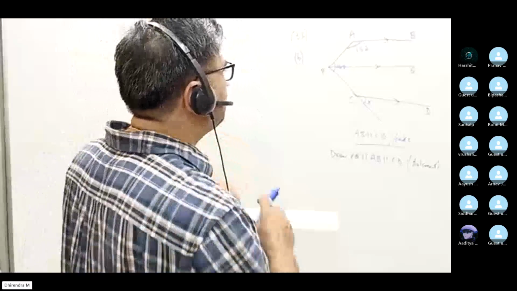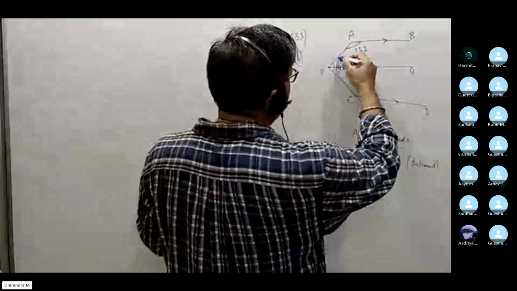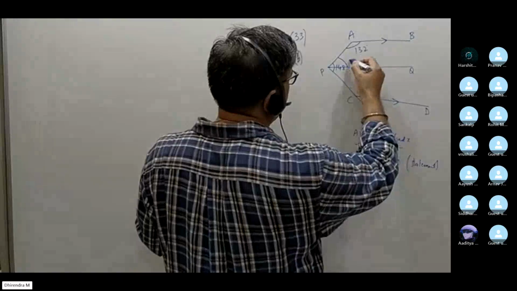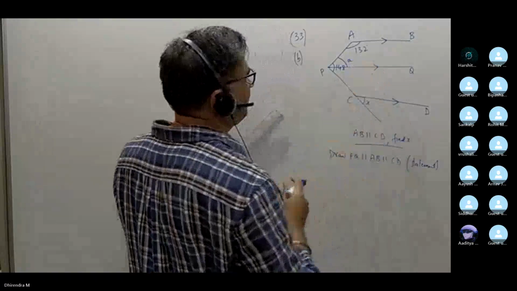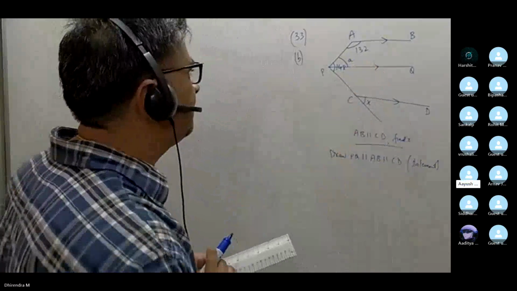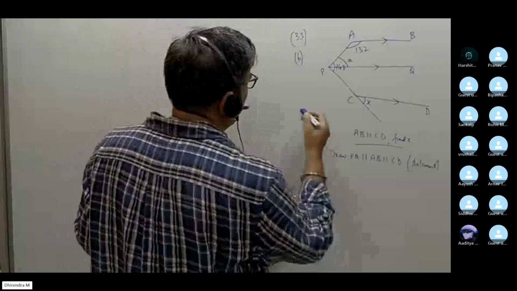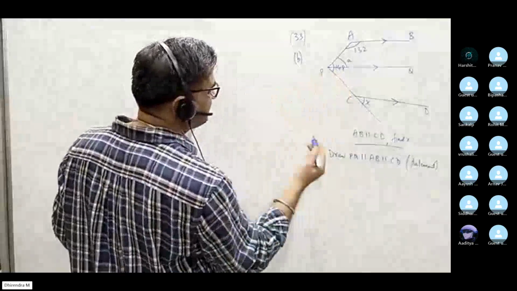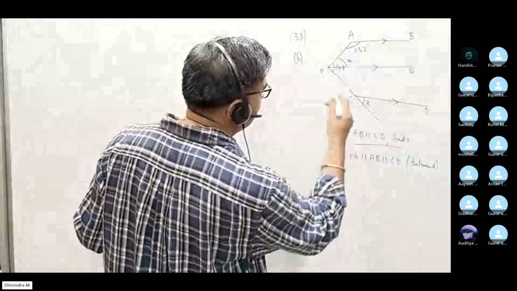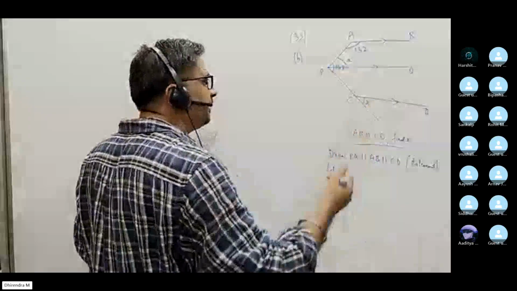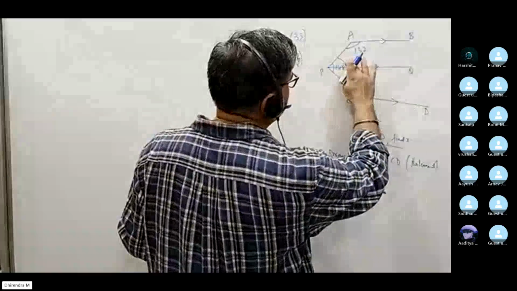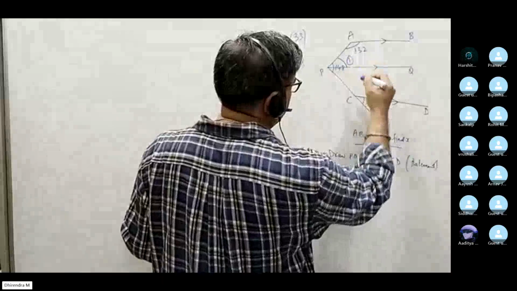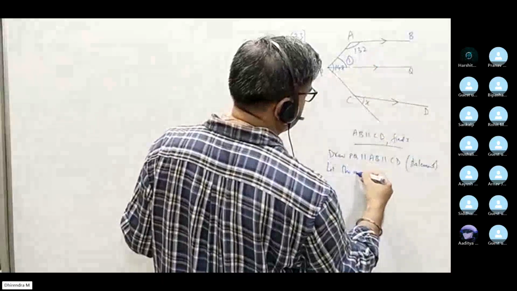Now, let the angles be as marked. Instead of writing A, B and so on, you can take this as 1.